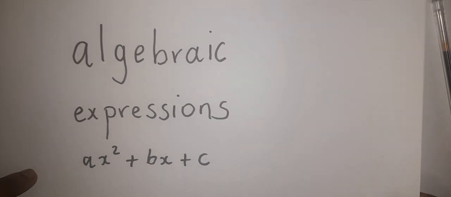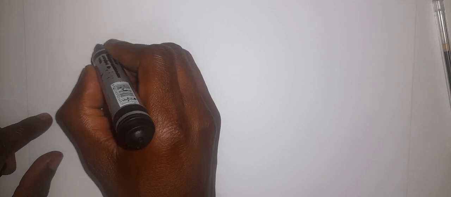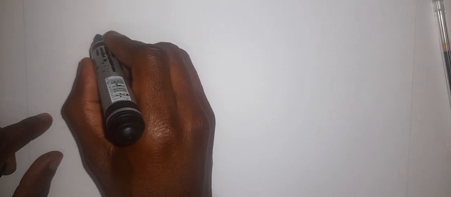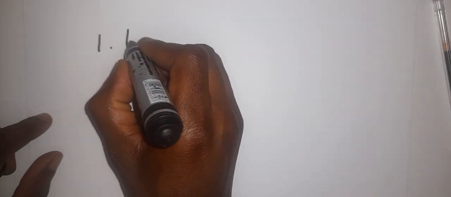So in mathematics, you would have types of expressions. I'm just quickly going to look at those. The types of expressions are, first, the ones that have one term.